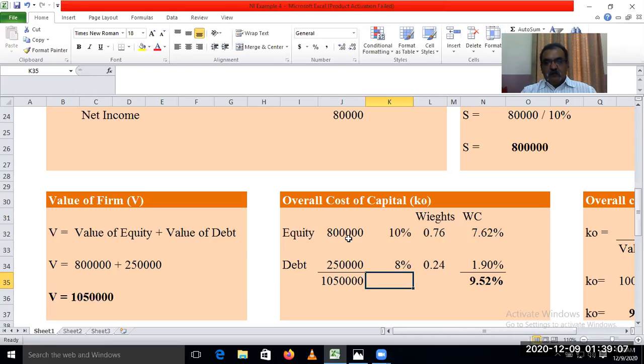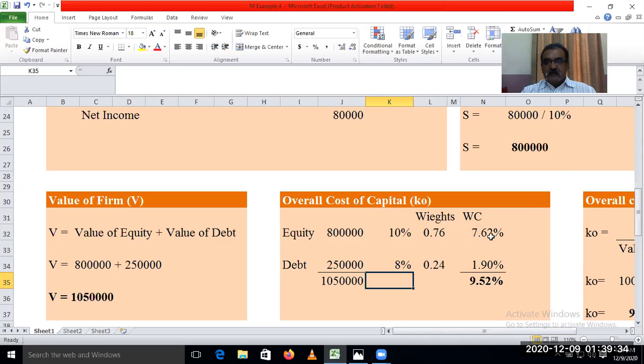Now the weights. Weights means the proportion of each capital on total capital. So first, the proportion of 8 lakhs on 10 lakhs 50,000. 8 lakhs divided by 10 lakh 50,000 comes to 0.76. Then the proportion of debt, that is the amount of debt divided by total capital. 2 lakhs 50,000 divided by 10 lakhs 50,000 comes to 0.24.